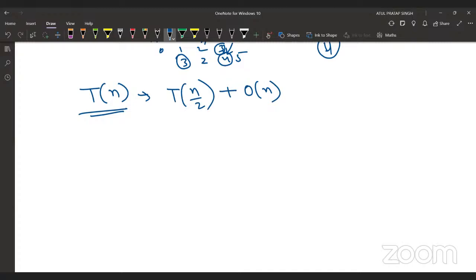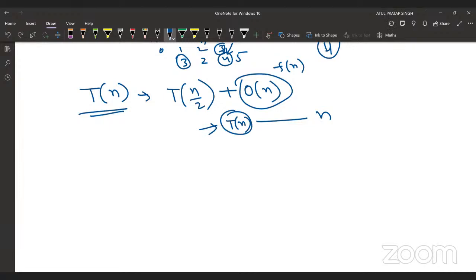That means every time we are reducing our searching area. So if we draw the tree of this, initially this is T(n), and this part is called f(n). I'm just explaining using the recurrence tree what the complexity of this will be. So this is the f(n) part, and f(n) is n initially.